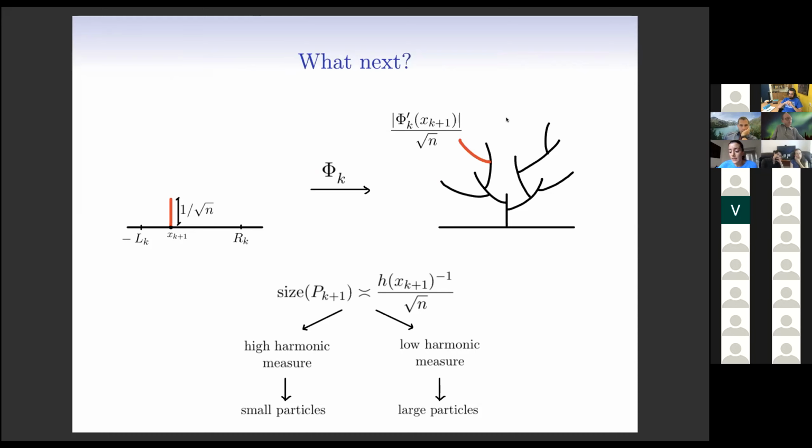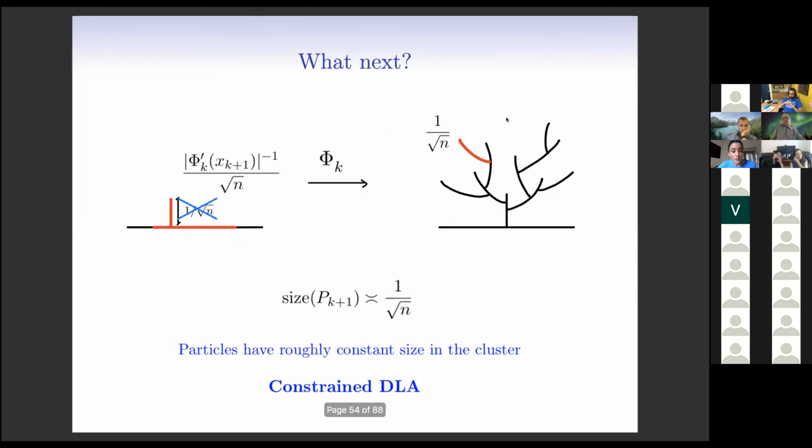And so an idea that goes back to Hastings and Levitov is to say, well, rather than attaching particles of the same size, we attach particles of random size, so as to make sure that in the actual cluster, their size will be roughly constant. And so you want to compensate for the distortion factor, so you have to attach particles of length inversely proportional to the distortion factor, which will give you particles of roughly constant length in the actual cluster.